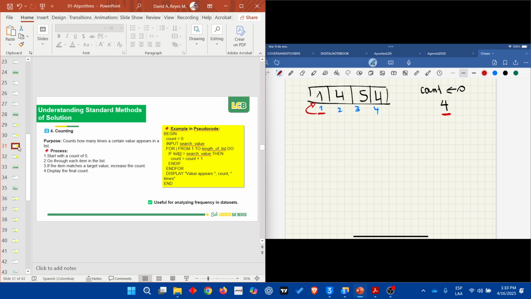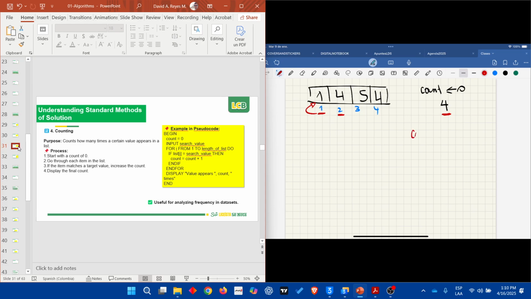No. So nothing happens. Now we move to position number 2, and the question is: is the number in position number 2, that is 4, equal to the number we are looking for, that is 4? Yes, those numbers are equal.